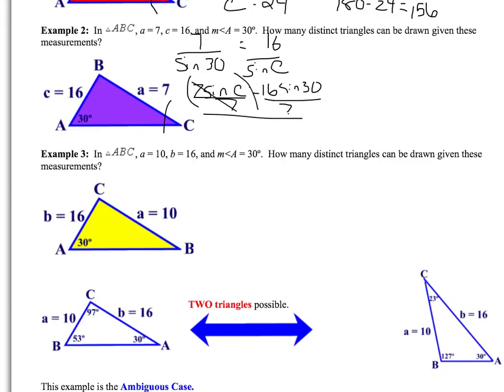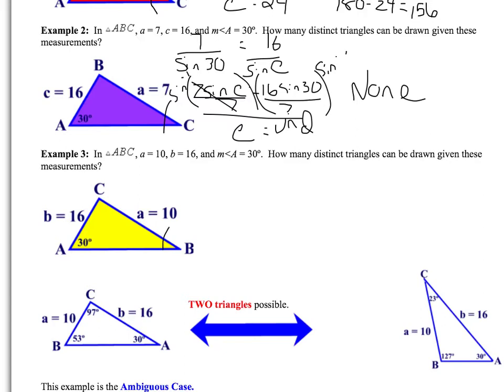And take your inverse sine. And you'll get C equals, type it in, an error. Calculator error. So when you get an error, you can't make any triangles, and you're done there. Okay, so that's an example of getting 0 triangles.